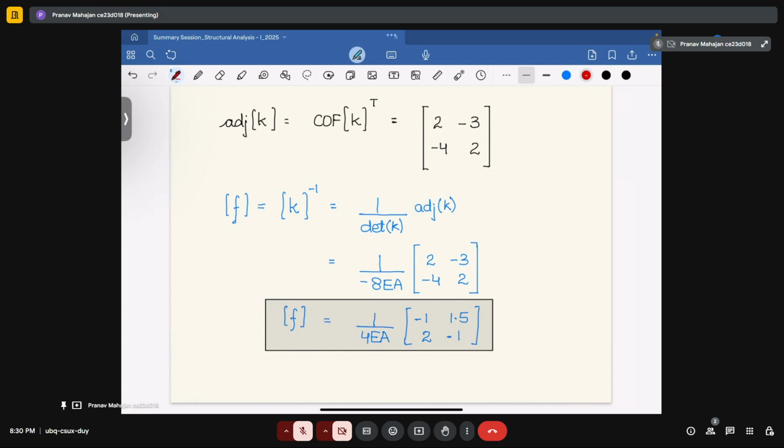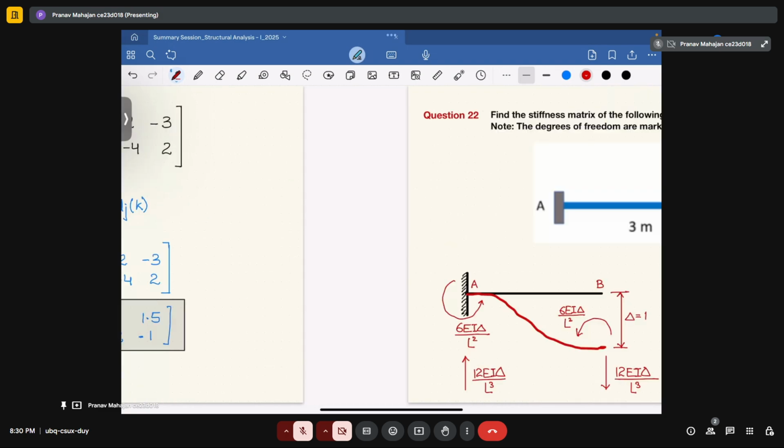So till now we have solved a few problems related to the application of the properties of the stiffness matrix. Now the third case, or another question that is provided to you, is that you have to determine the stiffness matrix of the following beam.